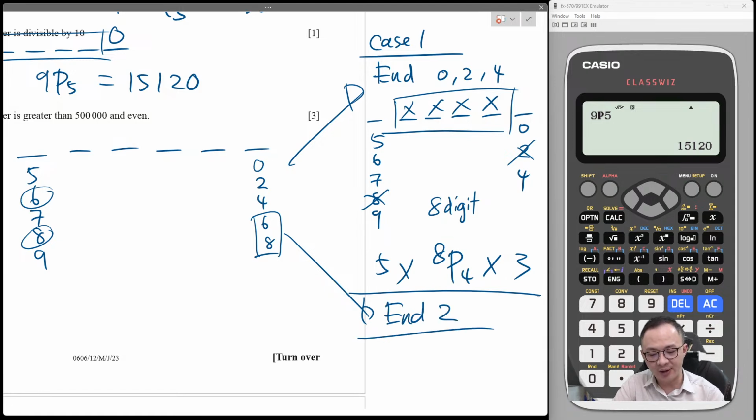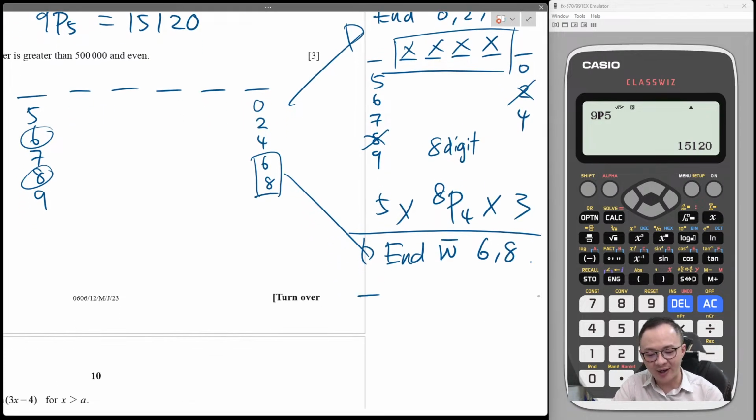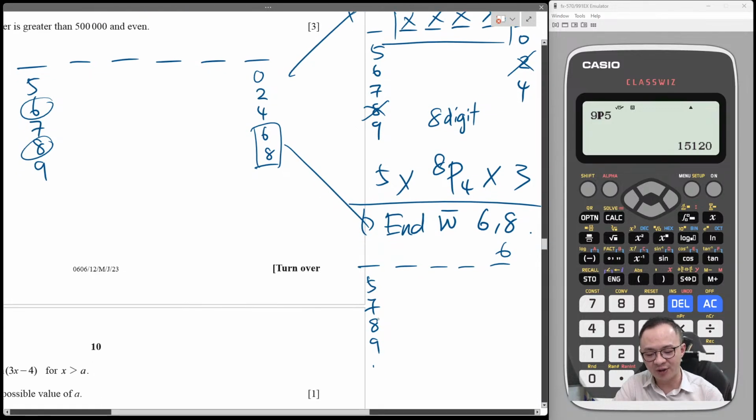Case 2 is when we end with 6 and 8. So we end with 6 and 8, right? This one is a bit special. You just imagine, if I end with 6 here, then in front I cannot have 6, right? I only have 5, 7, 8 and 9. So I only have 4 choices, isn't it?